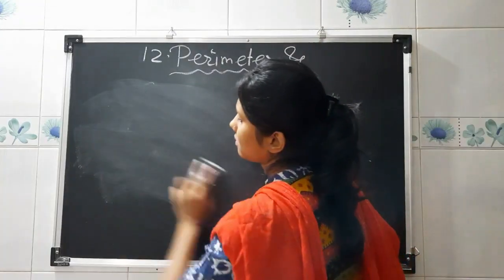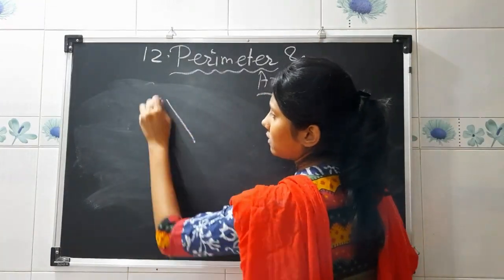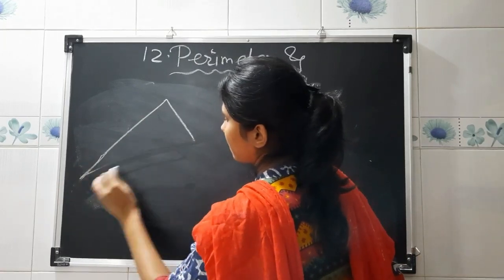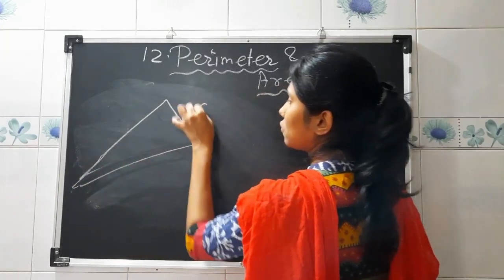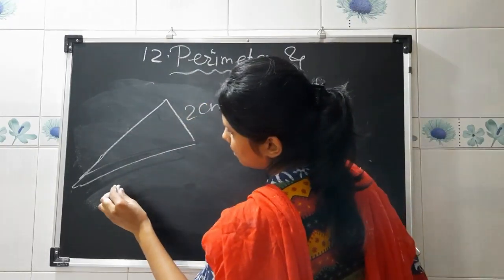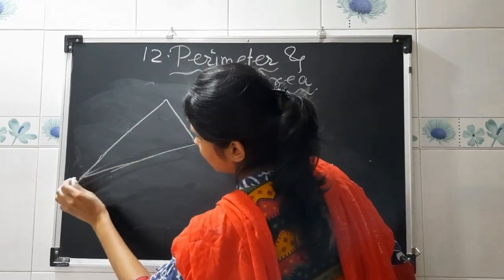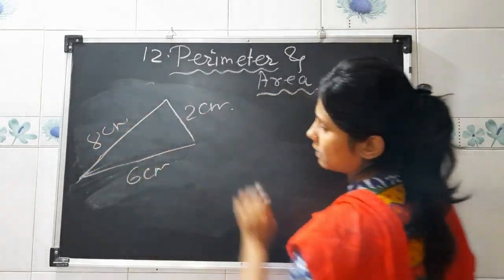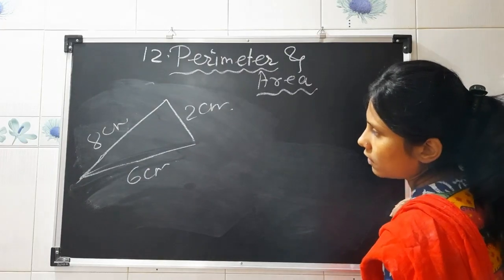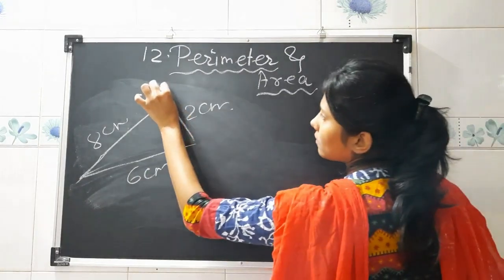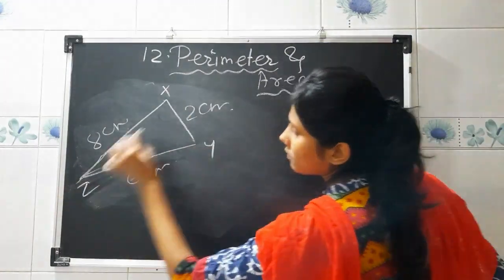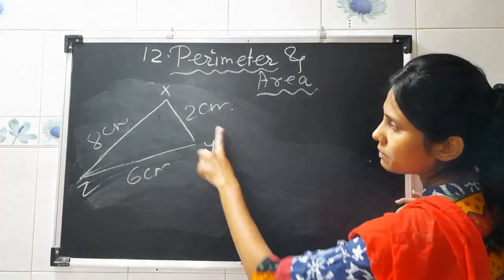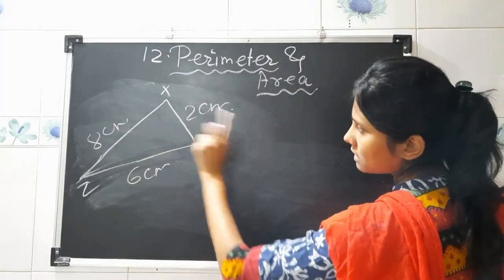Now suppose we take the triangle XYZ, and the length of all the sides is given.